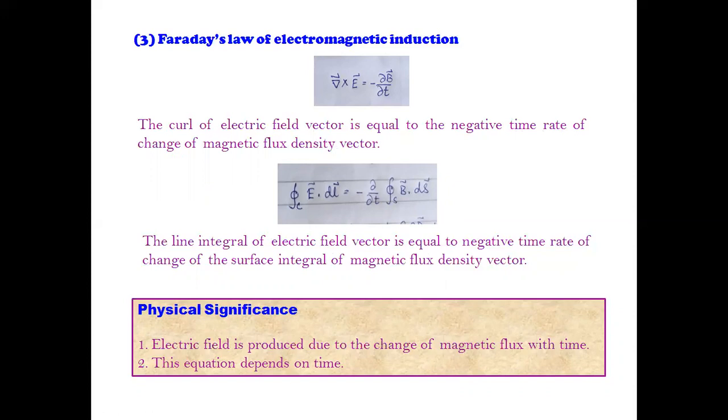This is Faraday's law of electromagnetic induction. What is the physical significance? The physical significance is that an electric field is produced due to the change of magnetic flux with time. And this equation depends on time. The first two equations are independent of time, but the third equation depends on time.